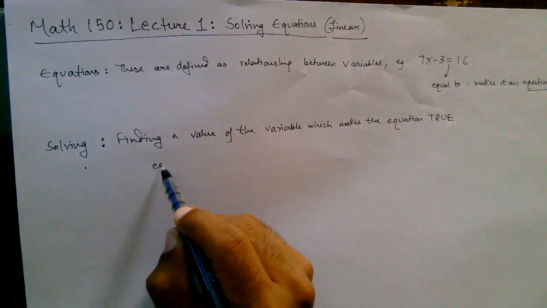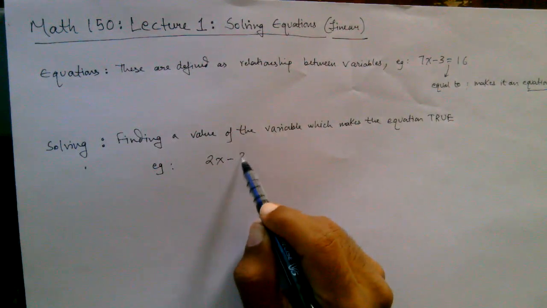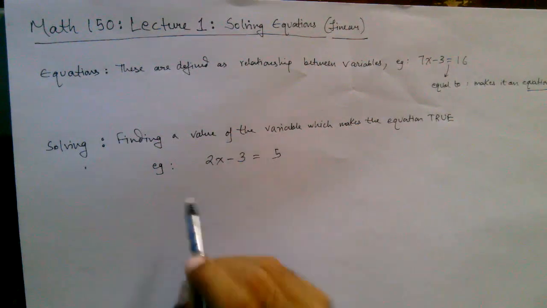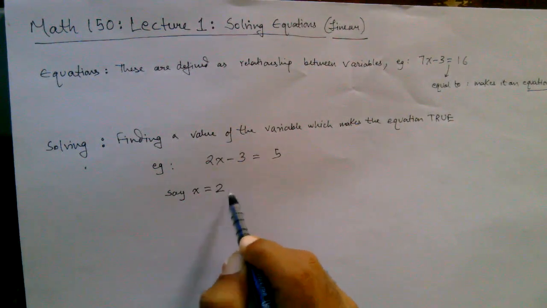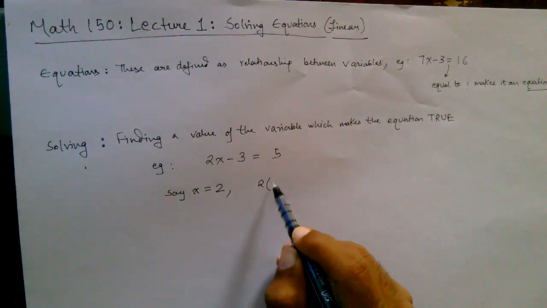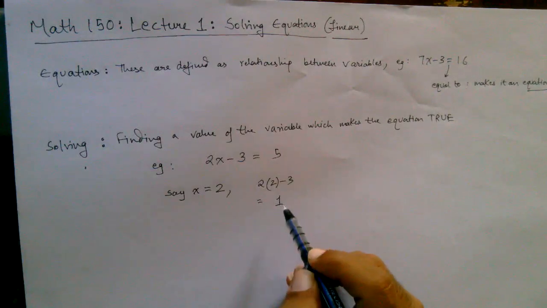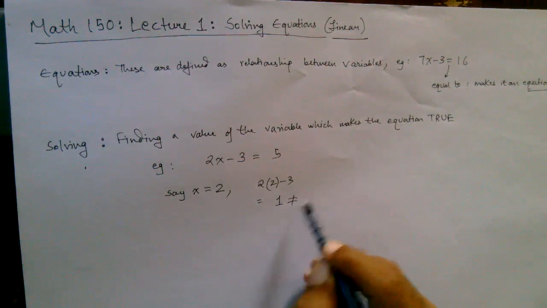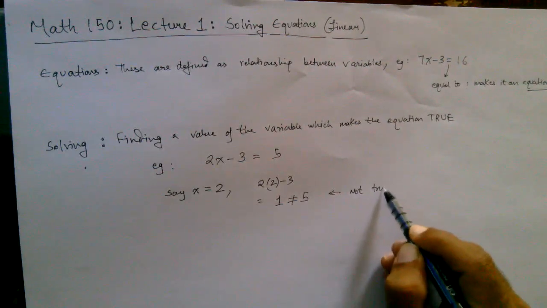For example, if I have an equation which is 2x minus 3 equals 5. Now let's say I plug in x equals 2, then what I get is 2 times 2 minus 3, which is 1, which is not equal to 5. So this is not true.